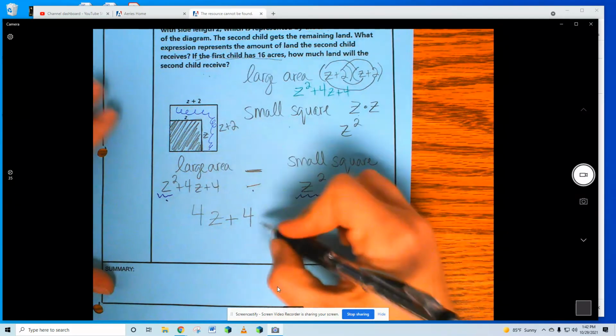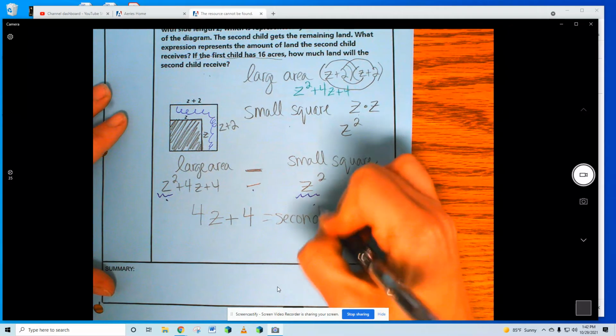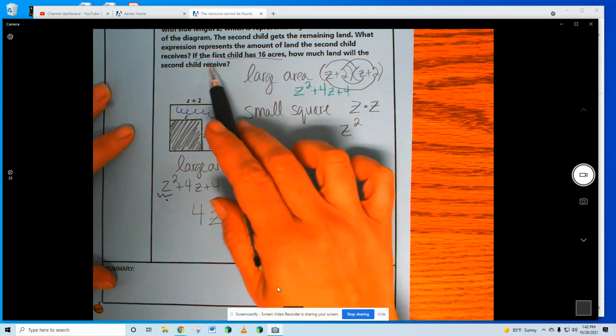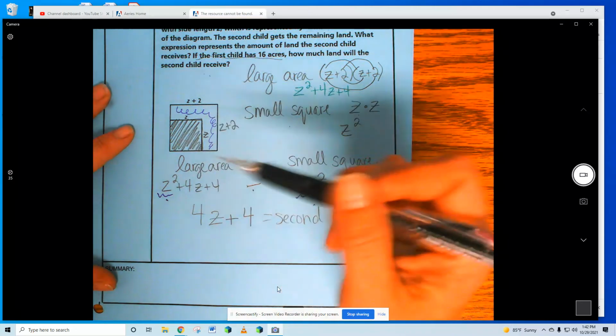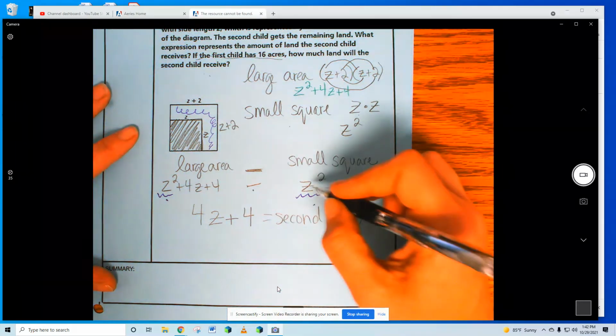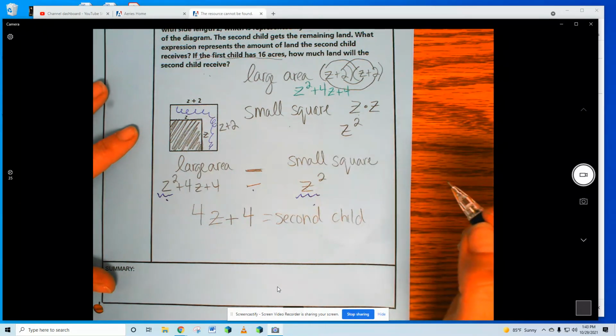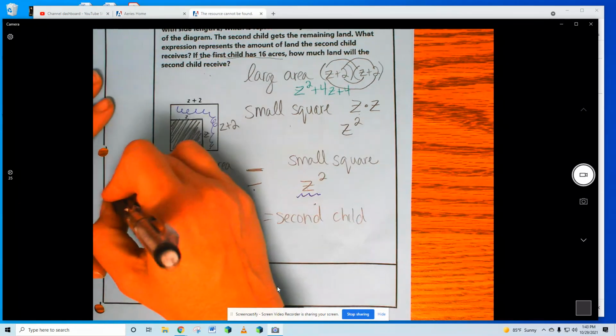Can you guys plug in 16? Oh, no. The first child has 16 acres. Z squared equals 16. Let's plug that in.